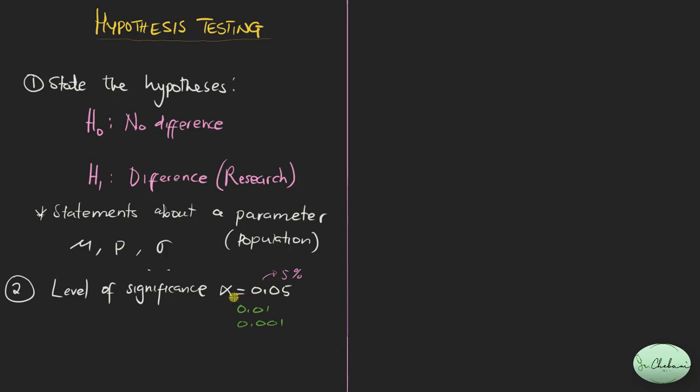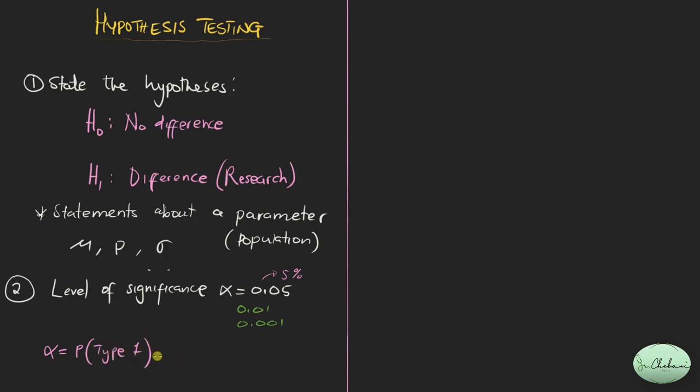It gives us the probability of rejecting the null hypothesis, given that the null hypothesis is in fact true. So it's what is called a type 1 error. Basically the alpha level is the probability of a type 1 error.